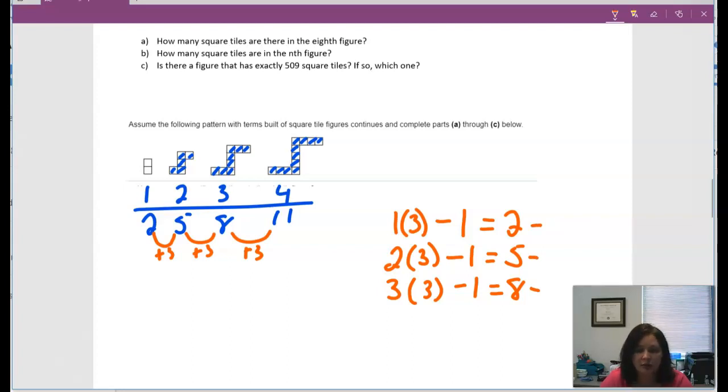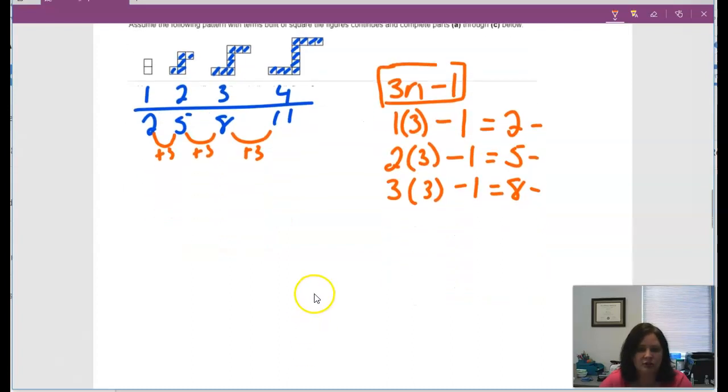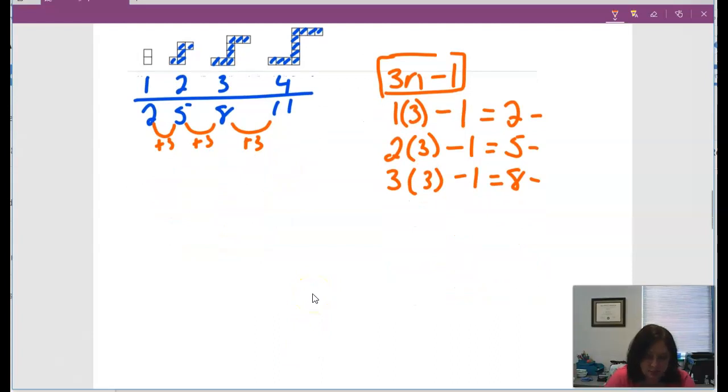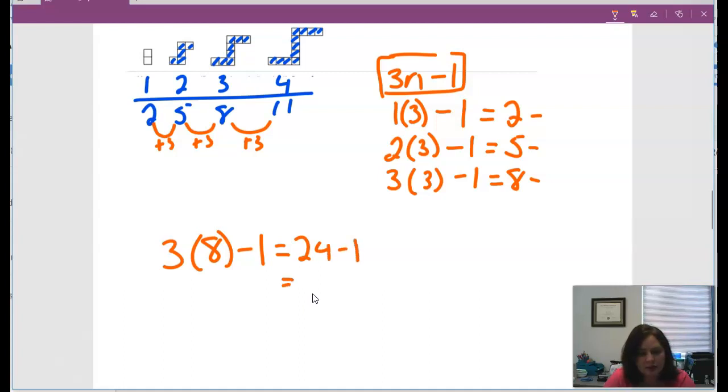So what we're doing is we're taking 3, multiplying it by the term, and then subtracting 1 from it. So this would be our nth term here. Now if I try to do the 8th term, I'm going to do 3 times 8 minus 1. So 3 times 8 is 24 minus 1, which gives me 23 blocks.